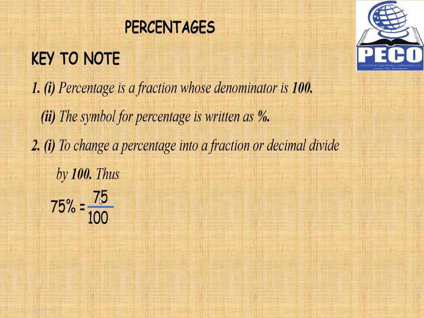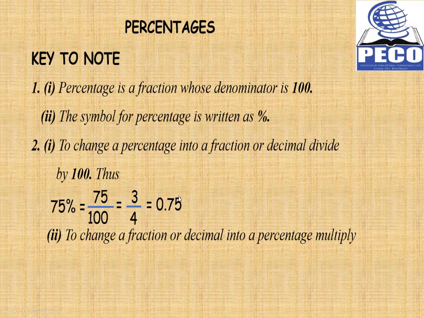When you simplify this, you end up with 3 out of 4, which is 0.75. You can reduce by 5 by 5 or by 25 by 25, whichever way you find convenient. To change a fraction or a decimal into a percentage, we simply multiply by 100.